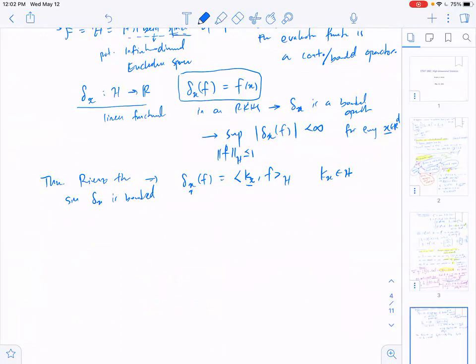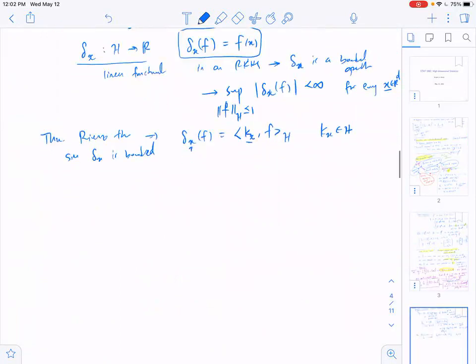And this is very useful because, why is this useful? Anyone? Because it turns everything into, if I can think of the evaluation functional as an inner product, you can imagine my regression problem, which was f star of x_i plus epsilon_i.